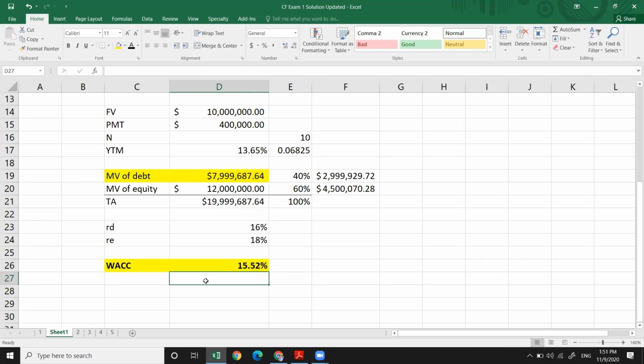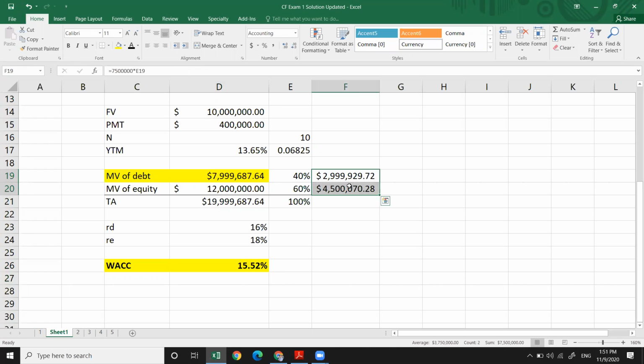Professor, why did we find this 3 million and 4.5 million? The aim was to keep the capital structure the same, 40 to 60.